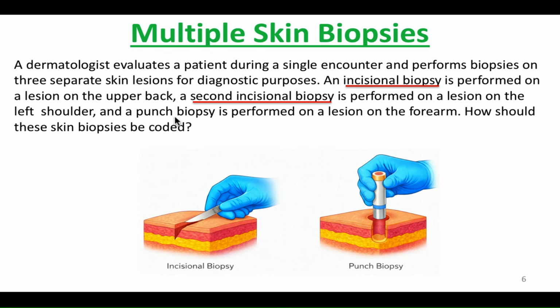And a punch biopsy is performed on the lesion on the forearm. How should these skin biopsies be coded? I want you to pause the video, open your CPT book to the page where I asked you to highlight the codes in the last video, then follow my steps and see which codes you come up with. I'll give you 1 minute. Your time starts now.